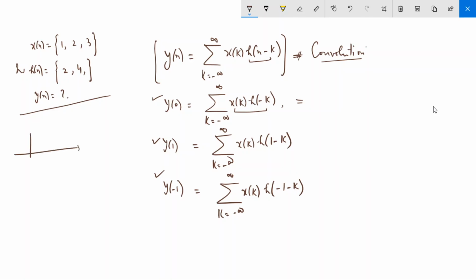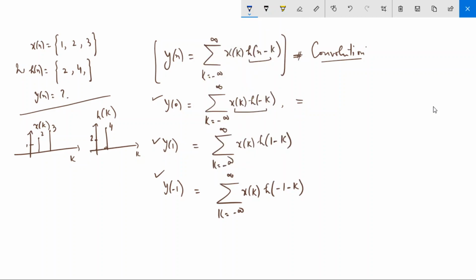I write here x of k, and the second sequence is here h of k. So x of k at 0 is 1, then it is 2, then it is 3, and h of k at 0 is 2, at 1 it is 4, rest it is 0.